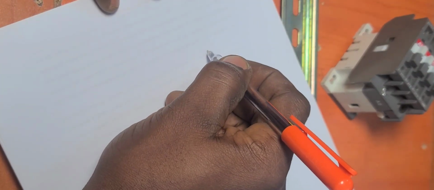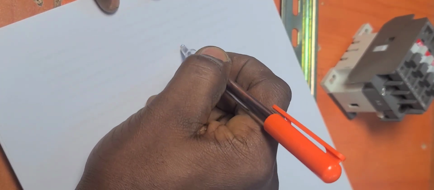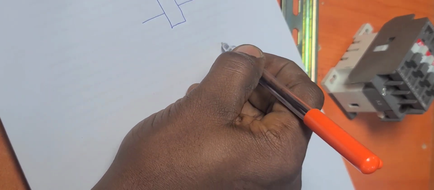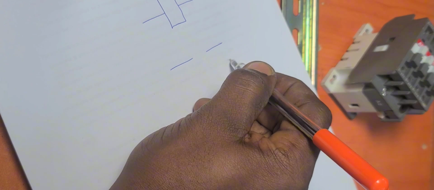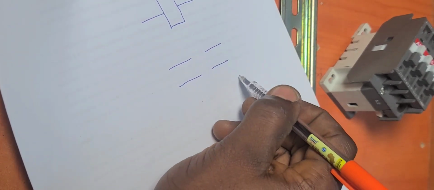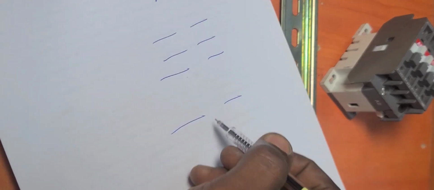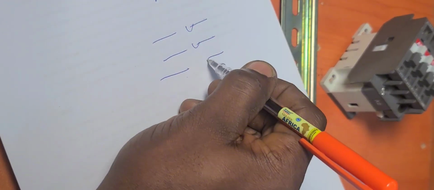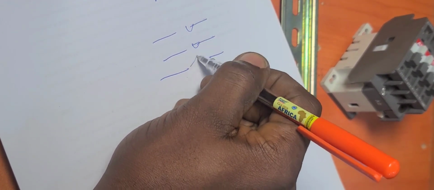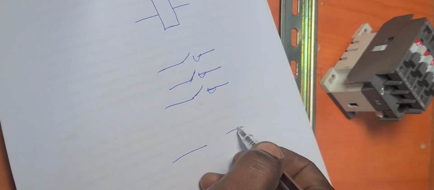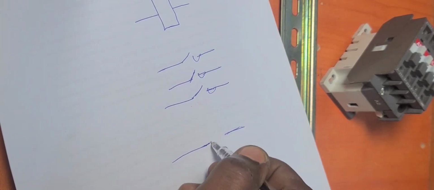So when you see something like this, I'm going to be fast to draw this before I explain. So normally we could have something like this, which is our contacts, and then of course we're going to have this side.